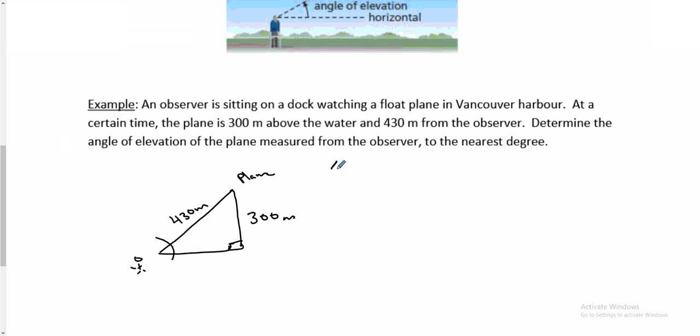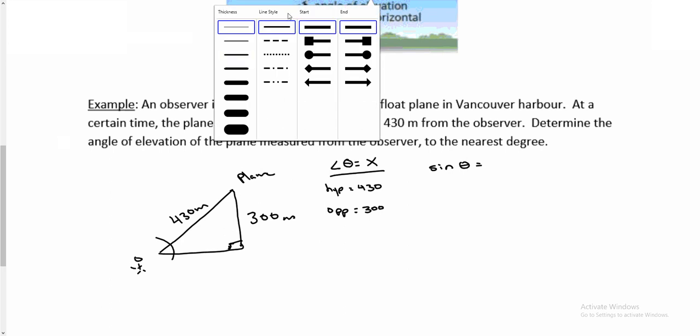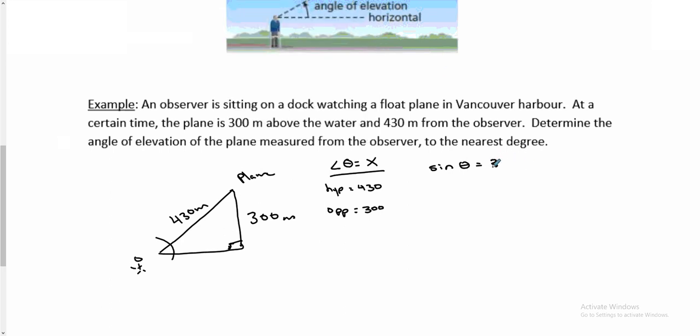So this angle, theta, is what we're looking for. So we're going to call that x. Our hypotenuse is equal to 430, and the opposite is equal to 300. So the ratio we're going to use given opposite and hypotenuse is sine theta is equal to 300 over 430.